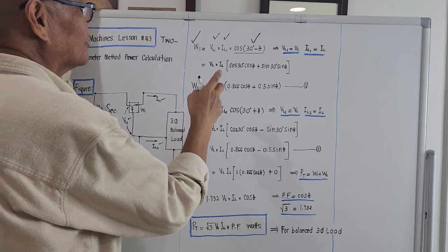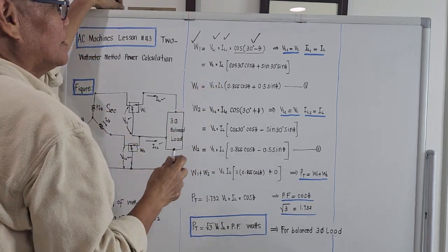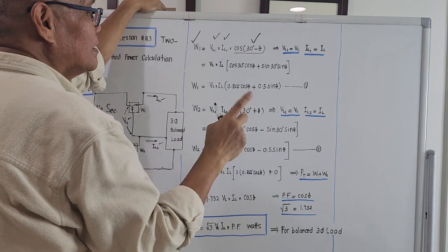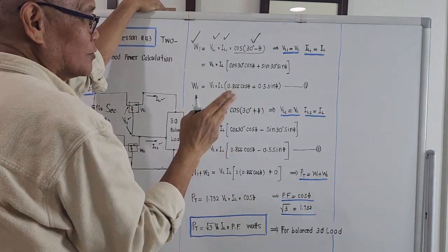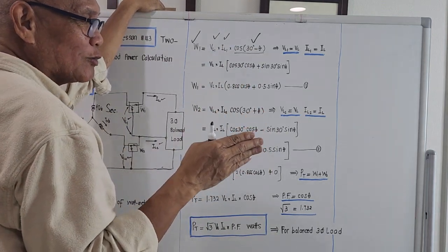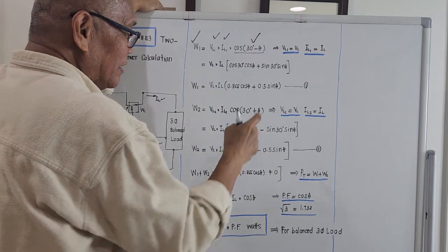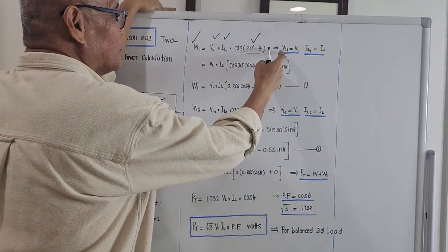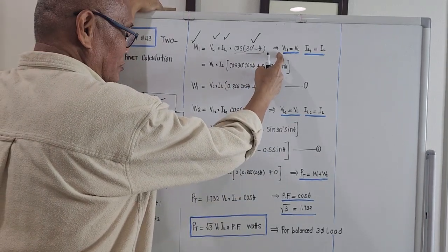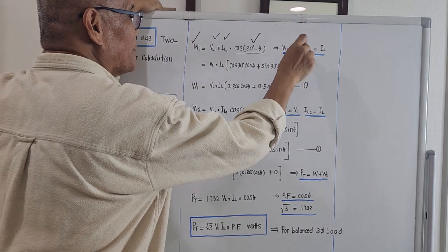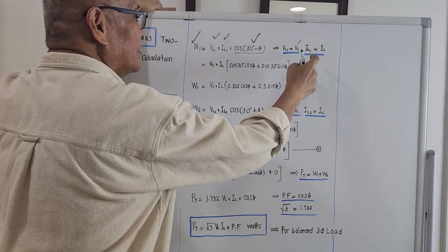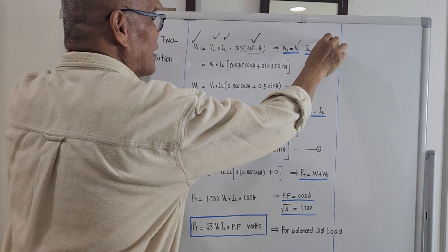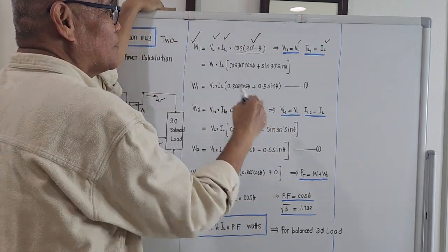Before we expand this, for a balanced three-phase load we don't always write the subscript 1. The voltage across line number 1 will be simply BL, the line-to-line voltage, without the subscript 1, and IL1 will be simply IL, to simplify the writing.